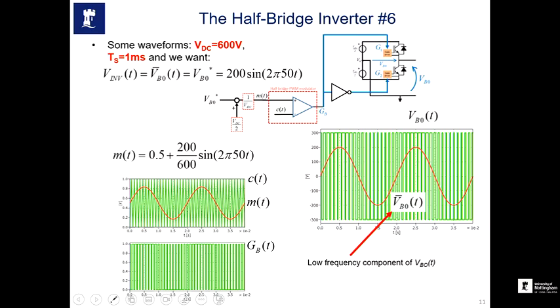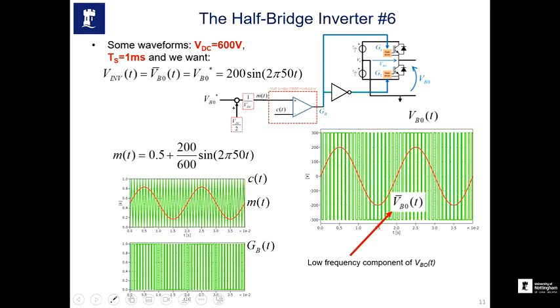So the frequency of MT and the frequency of VBO average are exactly the same. And if we use this equation to calculate MT, we can achieve the right peak voltage. The peak is 200 volt, going from plus 200 to minus 200, which is whatever output voltage we wanted, and we are generating it by using this circuitry.